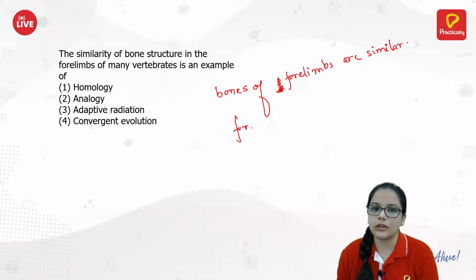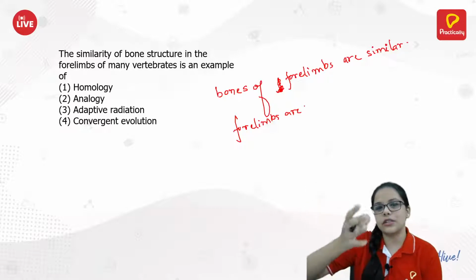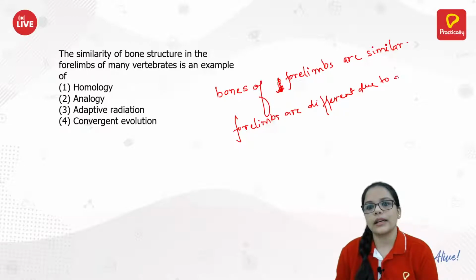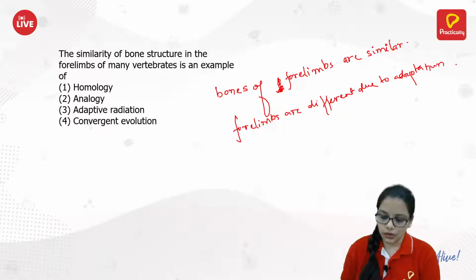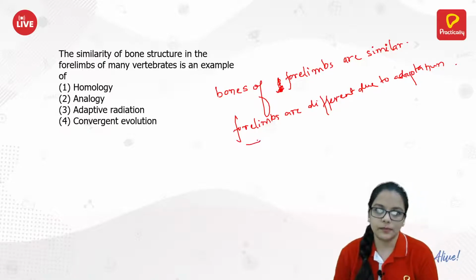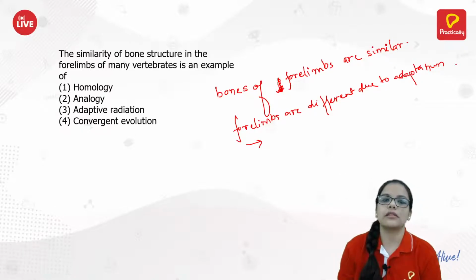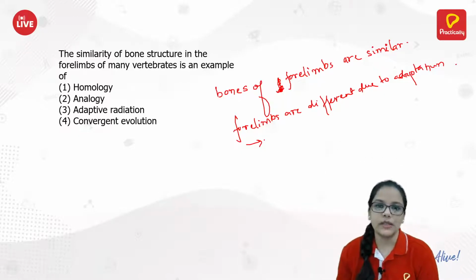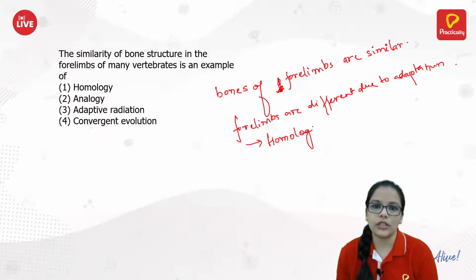The forelimbs are different, they have adapted to their own things. Forelimbs are different due to adaptation. So that happens when it is a homology. Internal structure is the same, the bone is the same, but the final shape of the forelimb is different. Okay, that is homology.